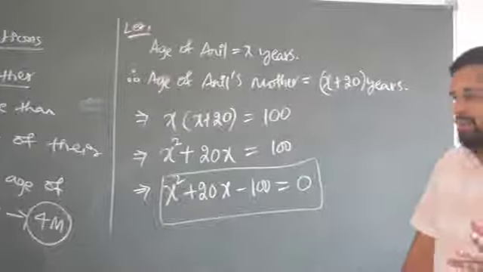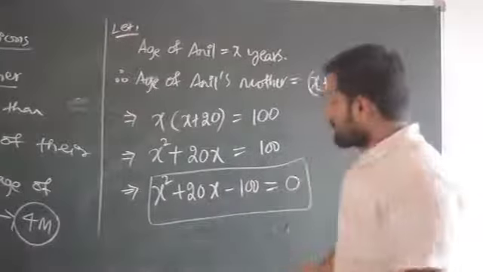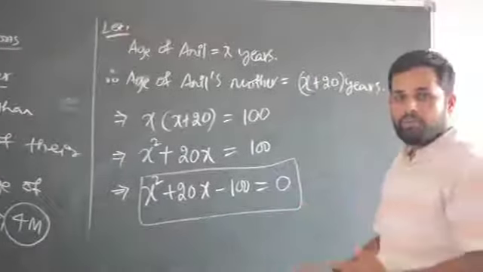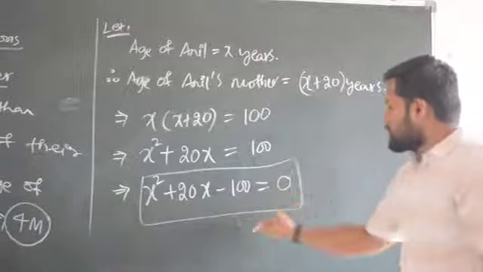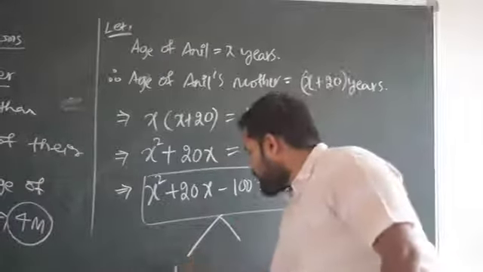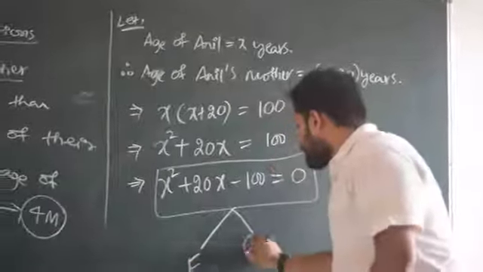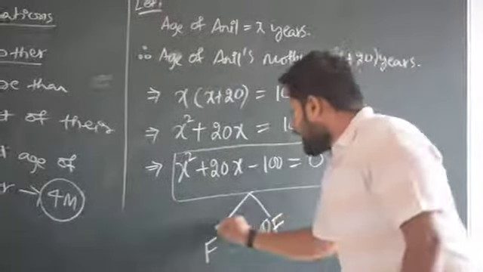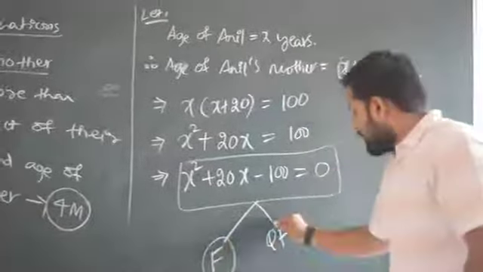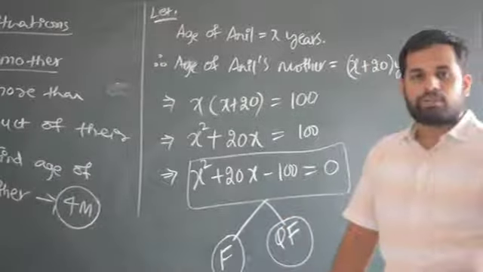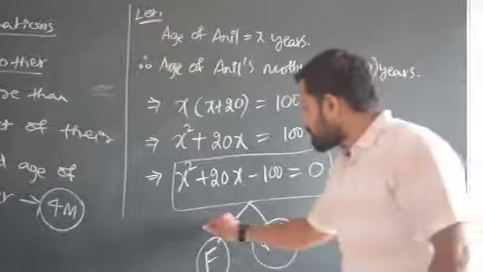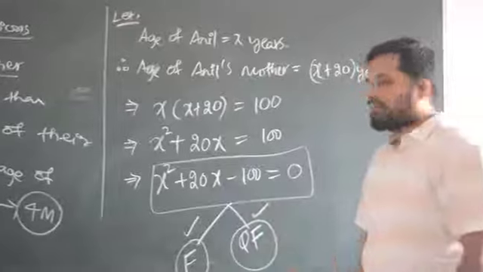I will come to those problems. I am not solving this problem right now because I am giving you just situations, how to convert them. Now you found this quadratic equation. Now how can you solve? You can use the factorization method or you can use the quadratic formula. If you have doubt about factorization and the quadratic formula, go to the second video, where I have explained both.